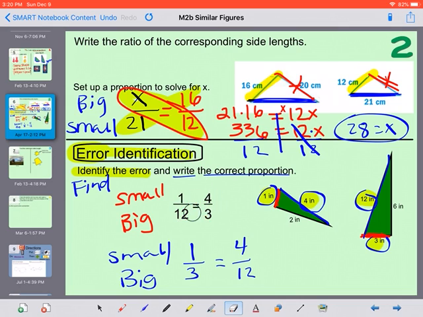So what they really had was these two numbers flip-flopped. 1 over 3 is proportional to 4 over 12. It's the same size triangle, just this one was really just multiplied by 4. It's 4 times bigger than that one.